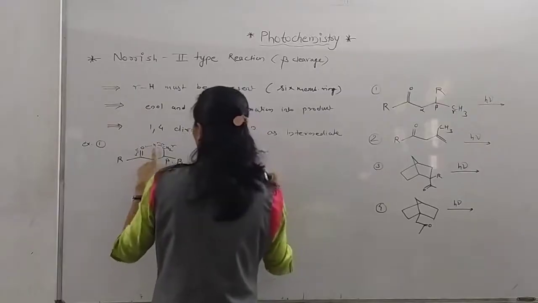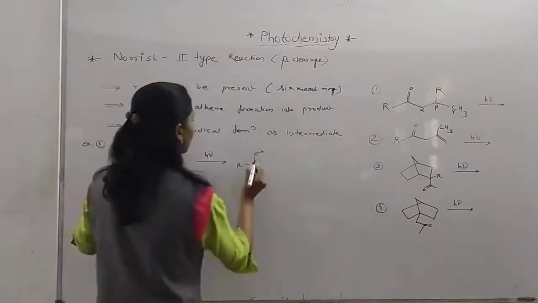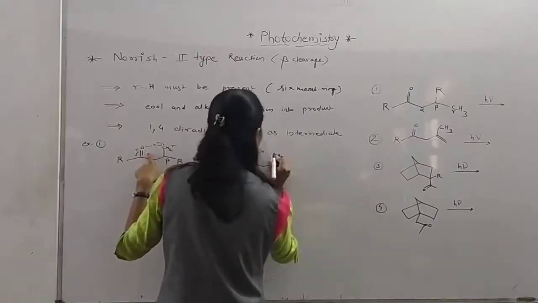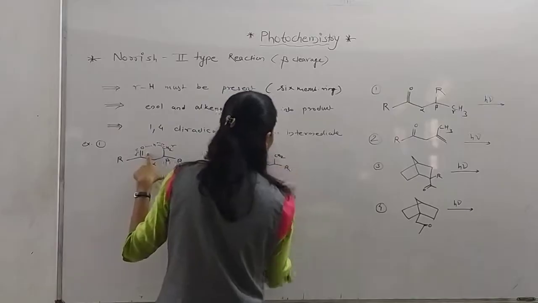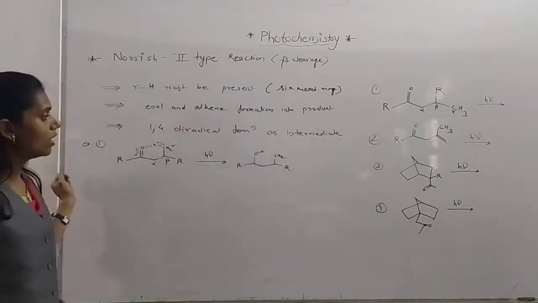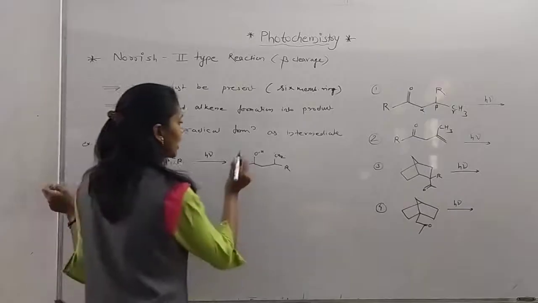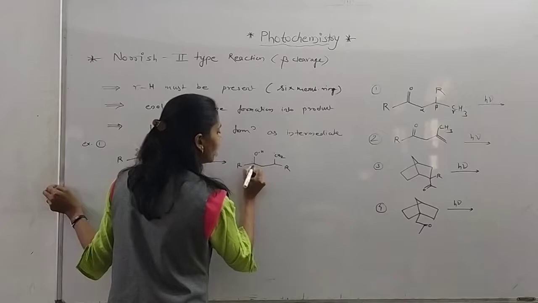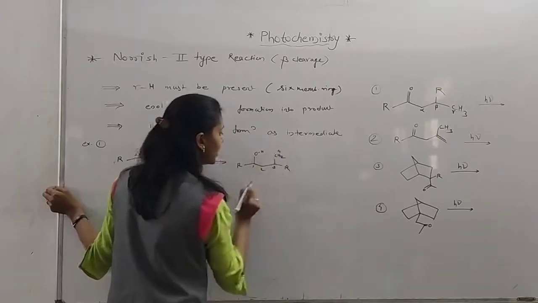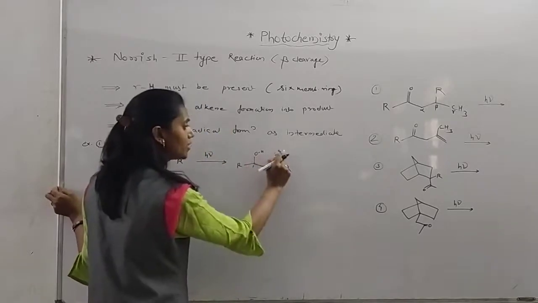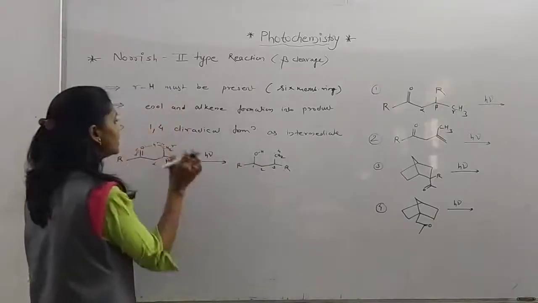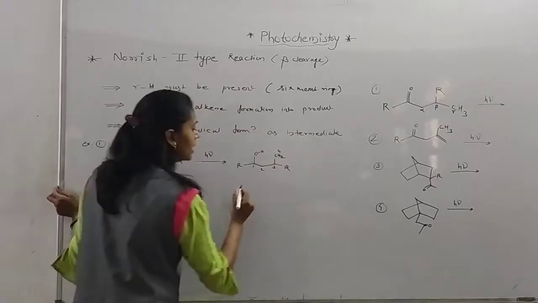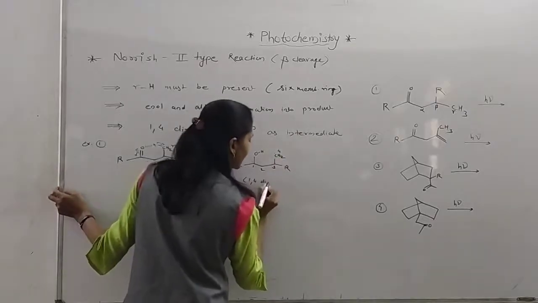Here the O-H bond is formed, here is the CH2 radical, and this is R. Now if I number the compound from radical to radical, 1, 2, 3, 4, there is a radical at position 1 and at position 4. So a 1,4-diradical is formed at the intermediate stage.